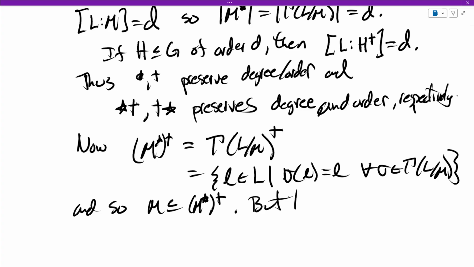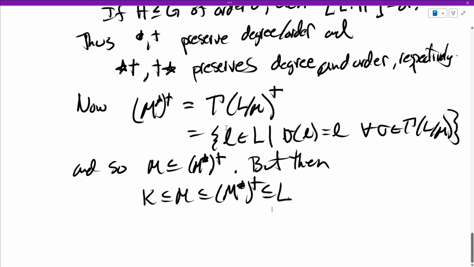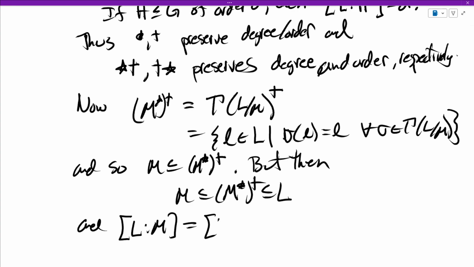But then we have this tower. In fact, I don't even need the K part. We have that tower. And we know that the degree of L over M star dagger, since the composite preserves degree, is the same as the degree of L over M. But by the tower law, I should also have an M star dagger over M here.